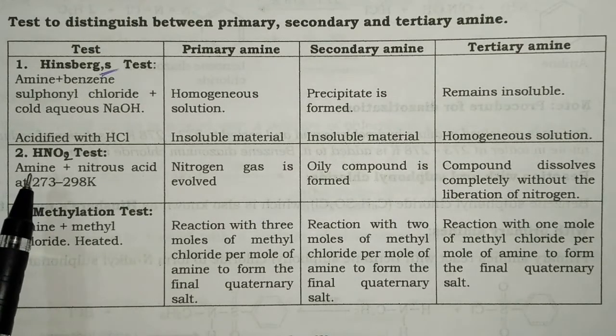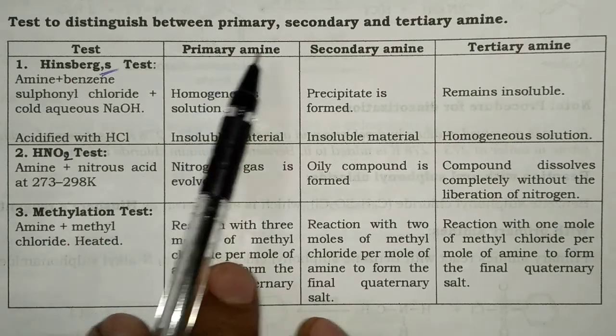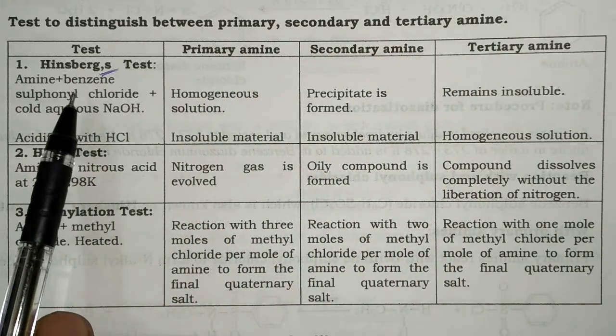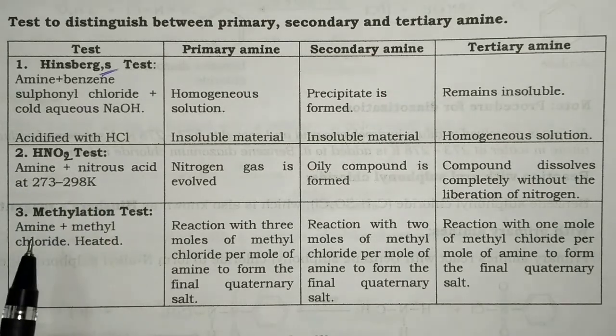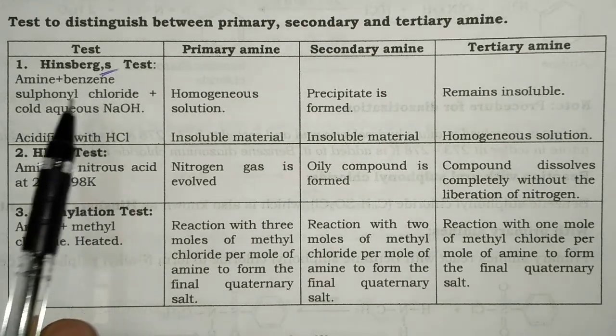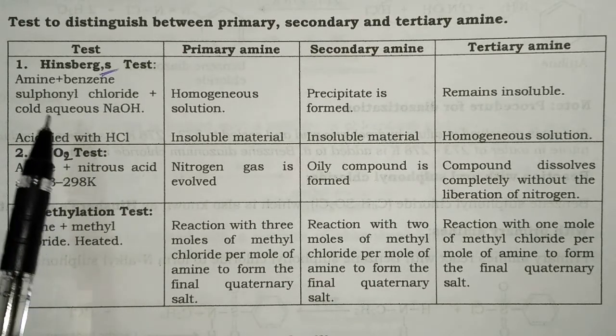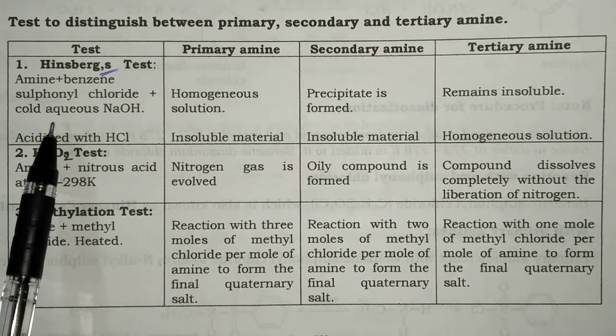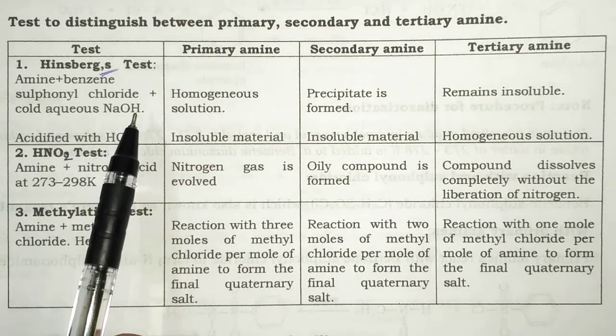This tabular column indicates the tests to distinguish between primary, secondary and tertiary amines. Already I have discussed the reaction with Hinsberg's reagent, reaction with nitrous acid and the methylation test. Hinsberg's reagent is benzene sulfonyl chloride. Amines react with benzene sulfonyl chloride and cold aqueous sodium hydroxide is added.